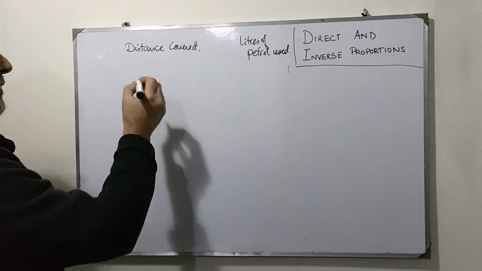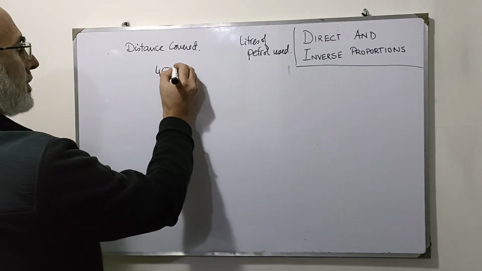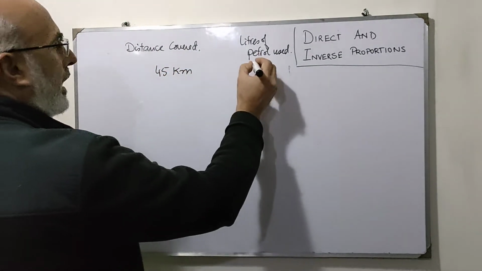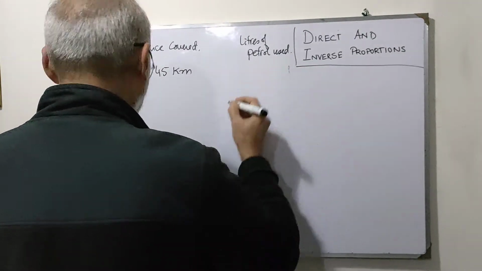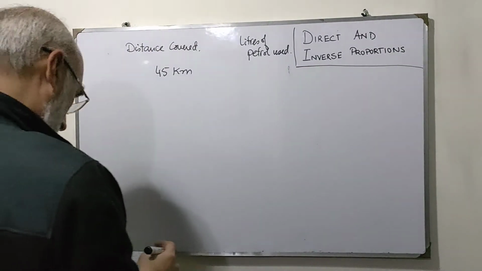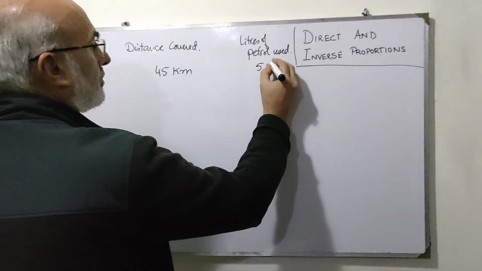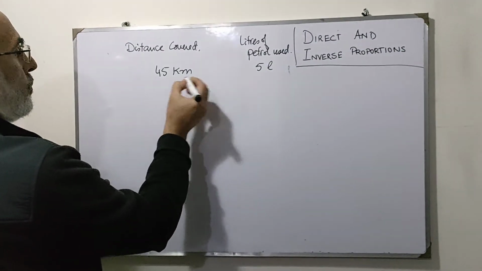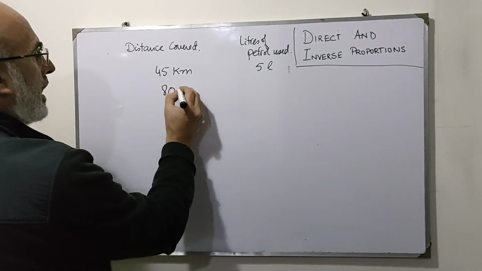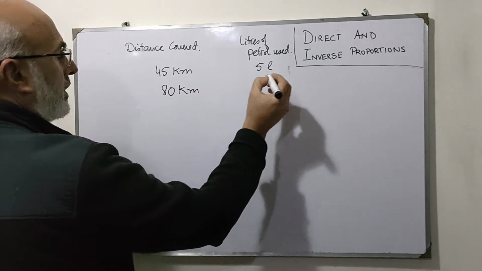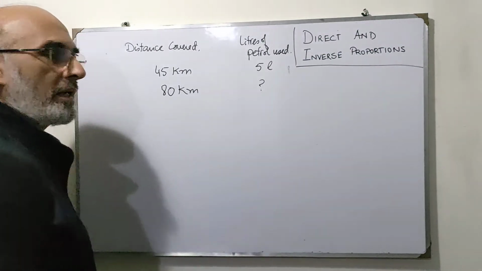Let's say the car covers 45 kilometers and it uses 5 liters of petrol. What if the car has to cover 80 kilometers? How much petrol is needed?